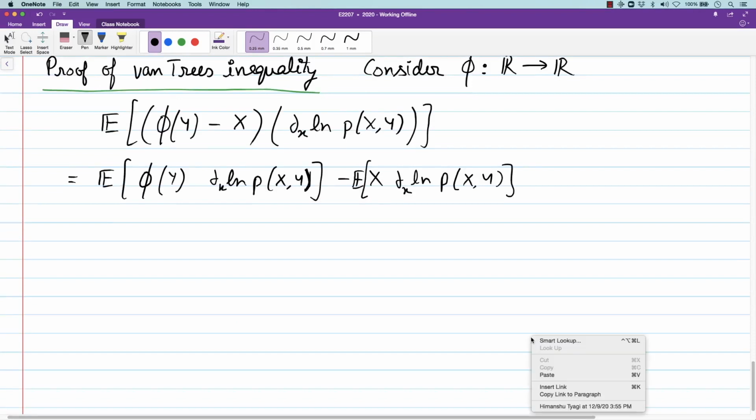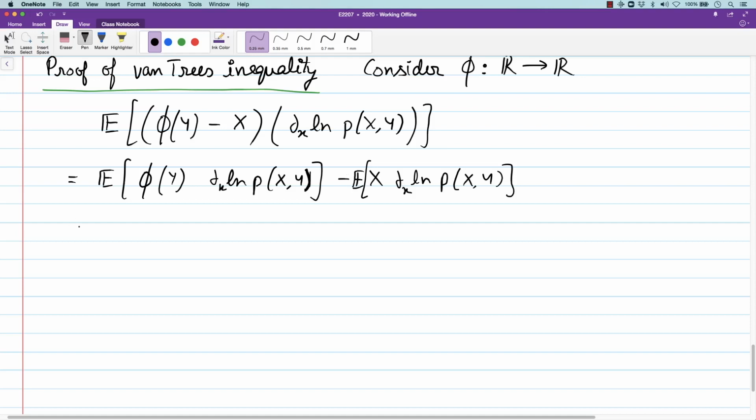It's not clear right now why I'm starting with this quantity, but by the Cauchy-Schwarz inequality, I can bring in the mean square error times something else, and that will be an upper bound on this quantity, and we want to understand this quantity. So I'm just computing this quantity first.